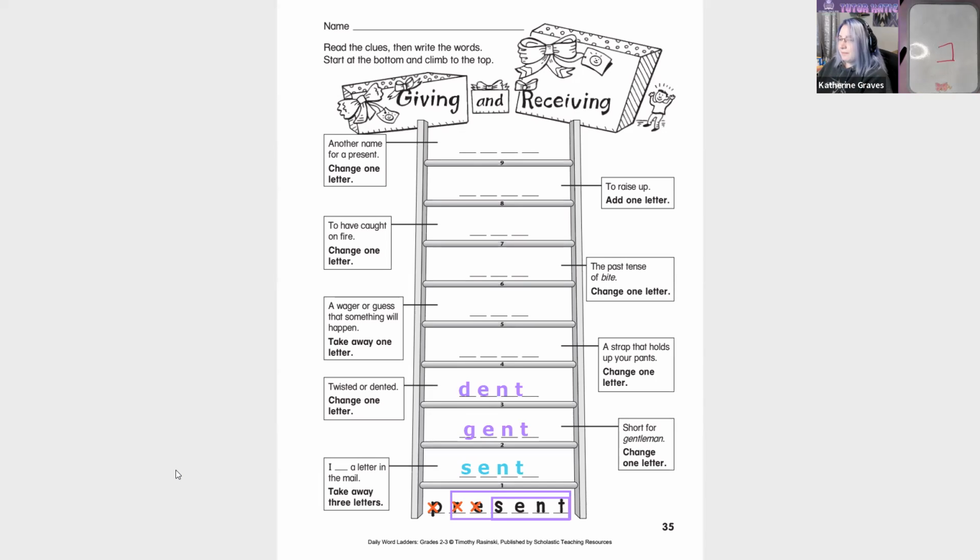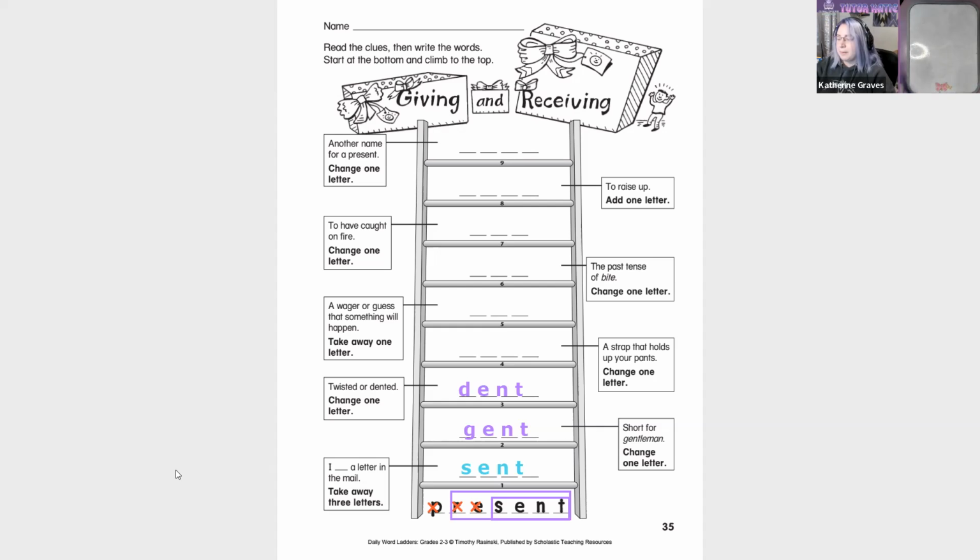Well, dent is good, or we can also have bent. I think for this one, it's going to be bent instead of dent because they already used the word dented, so they used a form of dent already.